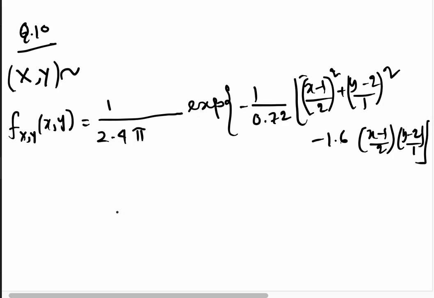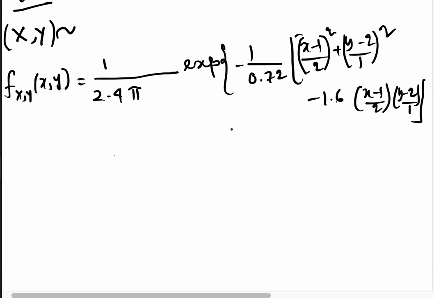So from its form we can easily tell that this is a bivariate normal distribution with the coefficient. Let us calculate the coefficient.